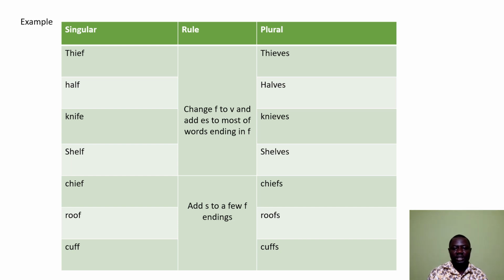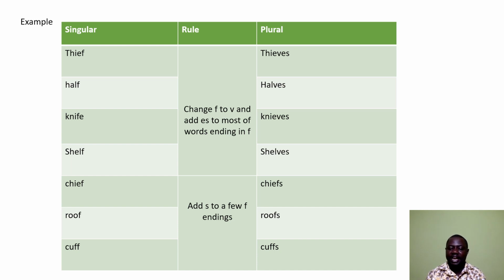Let's look at these ones. Let's look at the ones that end with f, where you don't change the f, but you add the s. We've looked at the ones where you change the f to v and then you add es: thief, half, knife, shelf. But these ones, chief, roof, and calf, you maintain the f and you add an s.